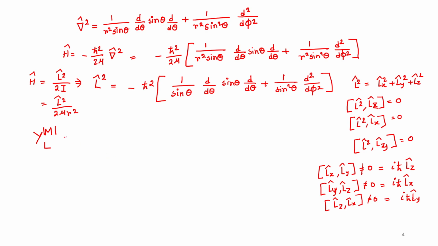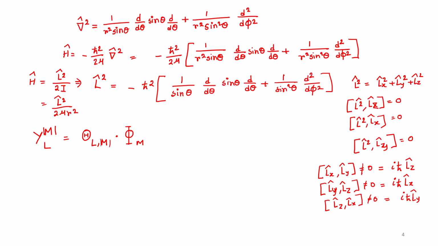That is your theta part, capital Theta, which depends on both quantum numbers L and M, multiplied by your capital Phi, which depends only on M, the magnetic quantum number.